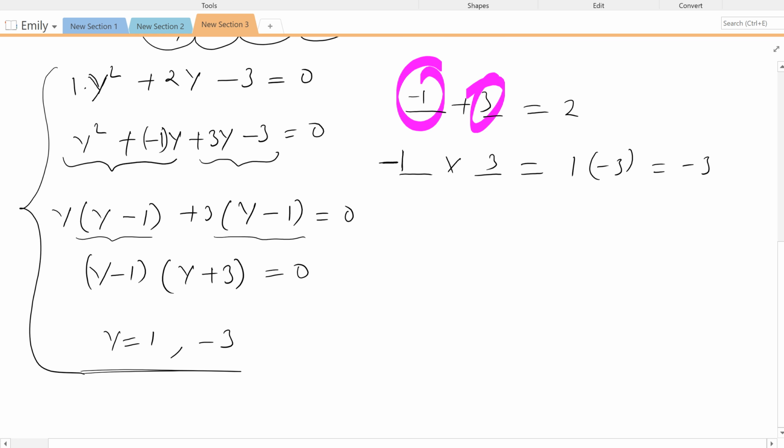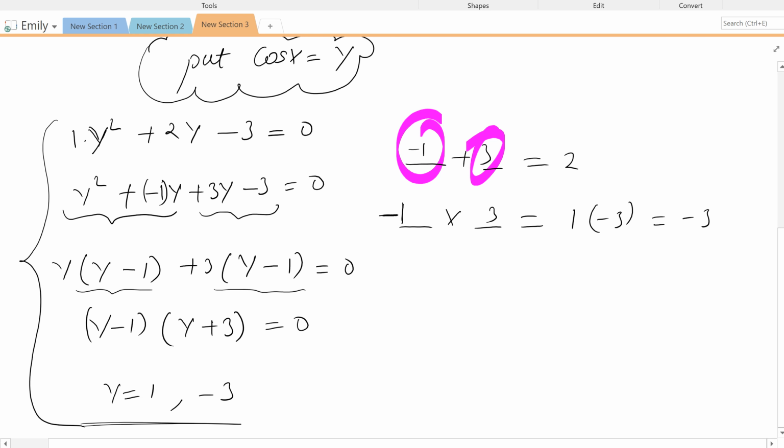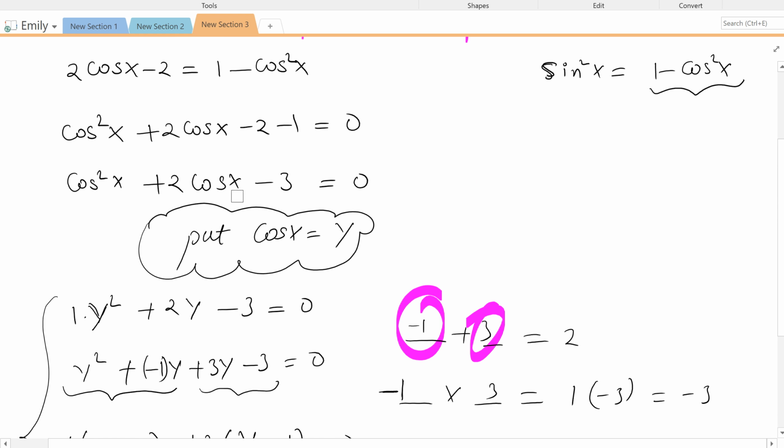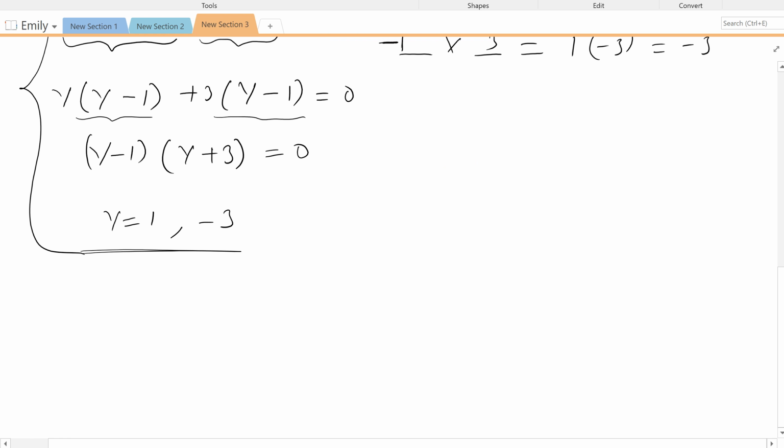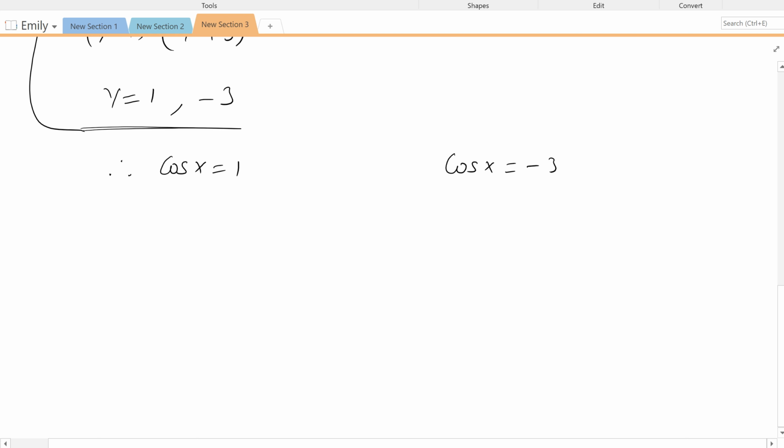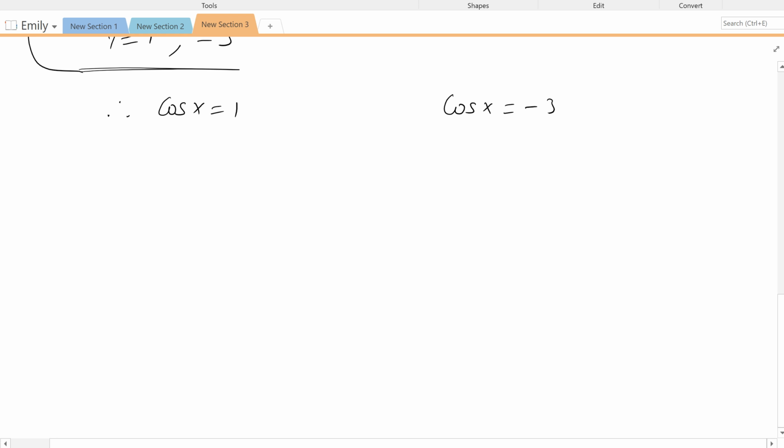Now we substitute the value back. y is cos x, right? We have to solve that equation, that's the target. So cos x is 1, or cos x is minus 3. Now you have two separate equations and you have to solve them.